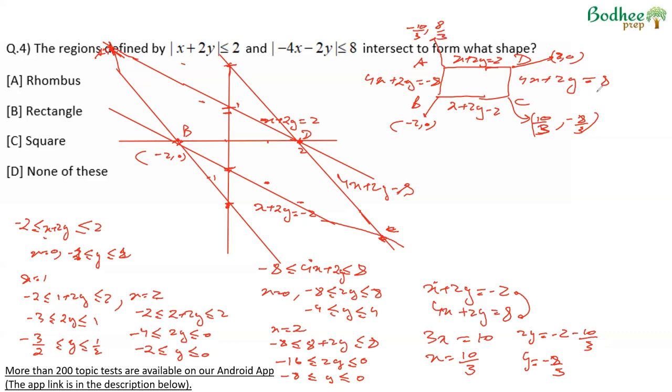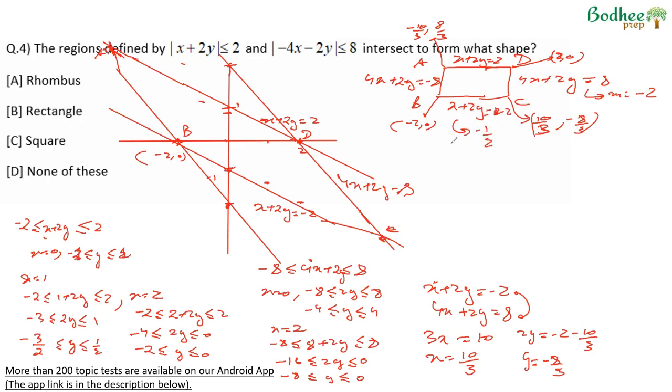Now, if you look at the slope of the lines, the slope of this line will be, 4x goes here, -4 by 2 essentially. So -2. The slope of this line is equal to -2. The slope of this line will be again -1 by 2.